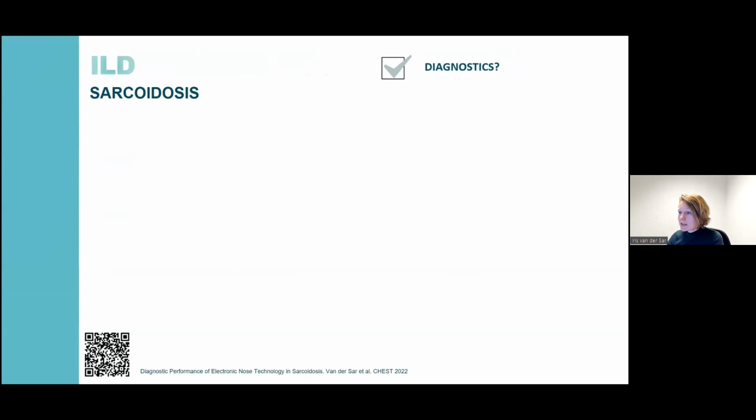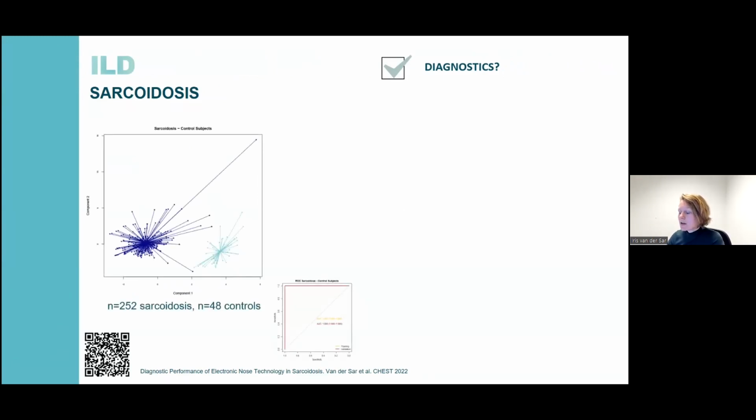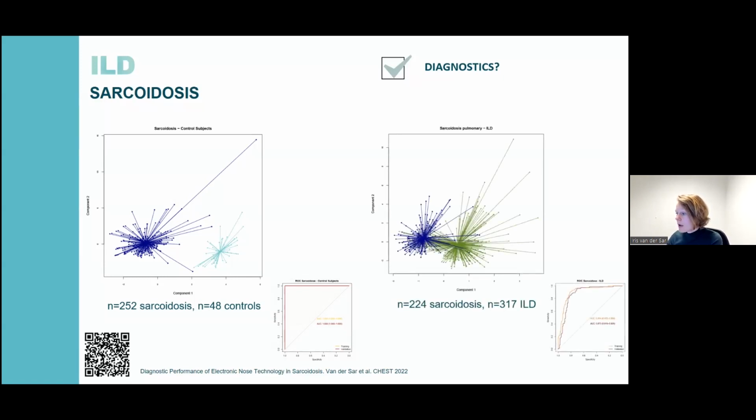We also asked sarcoidosis patients, which is a very heterogeneous disease and can present with ILD abnormalities in the lungs. And when we compared a group of 250 patients with 50 controls, we found an area under the curve of 1.0. And when we compared all patients with pulmonary abnormalities with patients with other ILD diagnoses, we also found a good accuracy of 0.8.